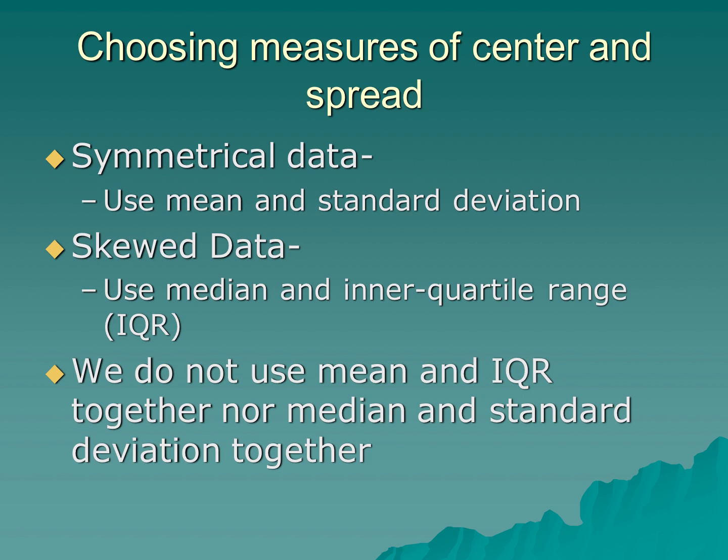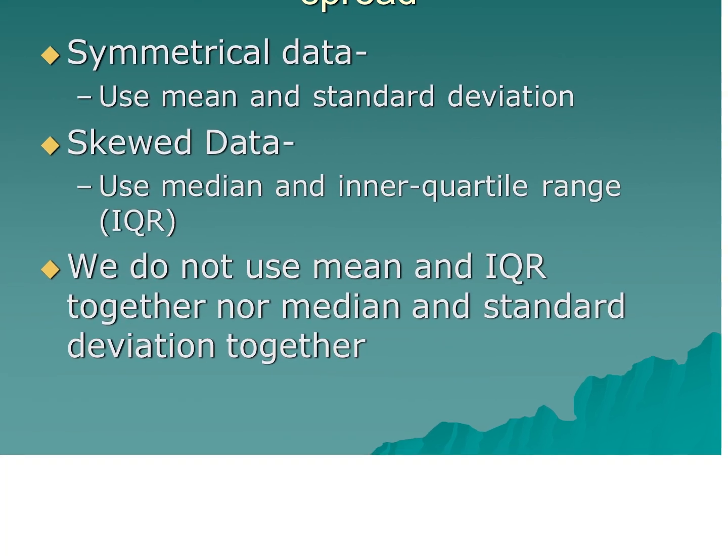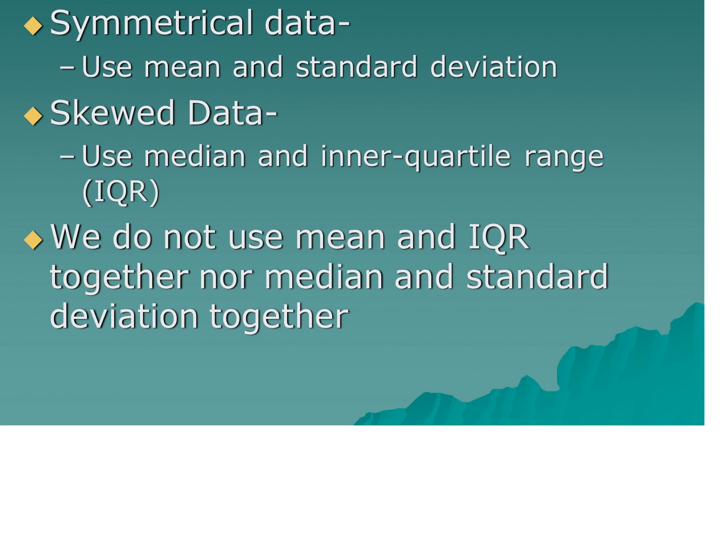And skewed data, we are going to use the median and the interquartile range. We do not use mean and IQR together, and we don't use median and standard deviation. The mean is required for the calculation of standard deviation, therefore they go together. The median is required to find the quartiles, which is required to find the IQR, therefore they go together.